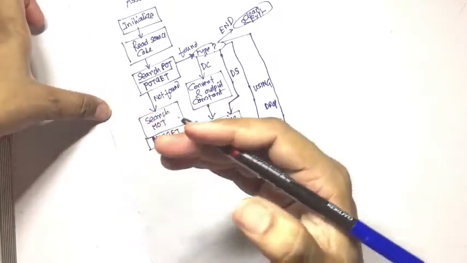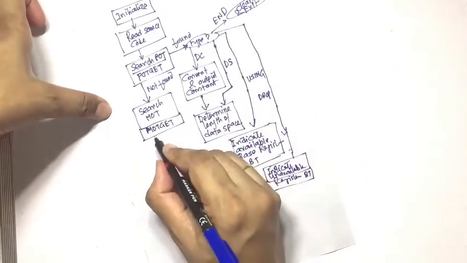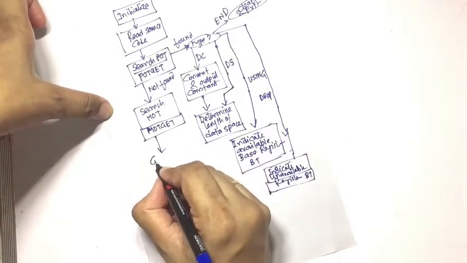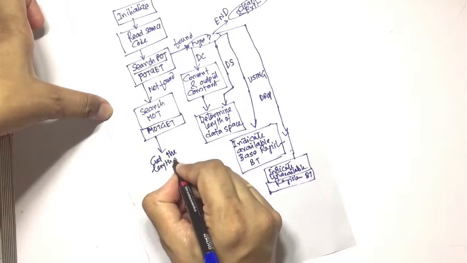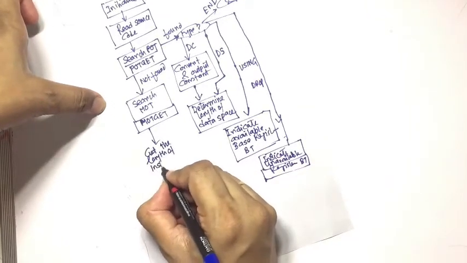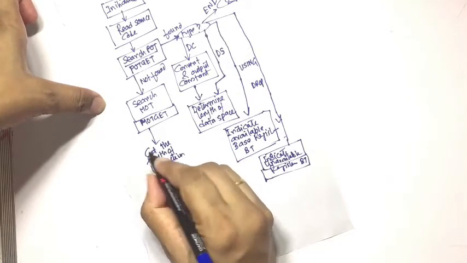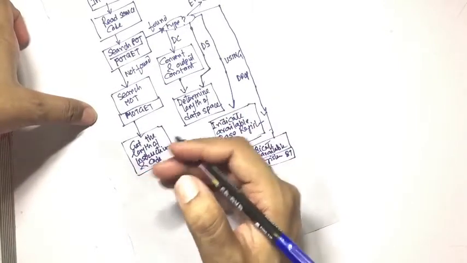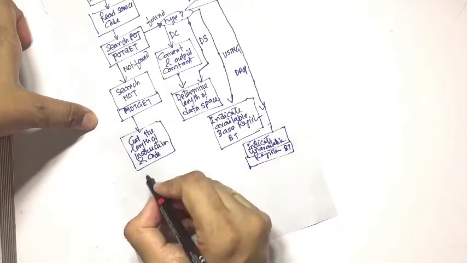If POT is not found, then we have to check MOT, and from the MOT we can get the length of the instruction and the binary code.